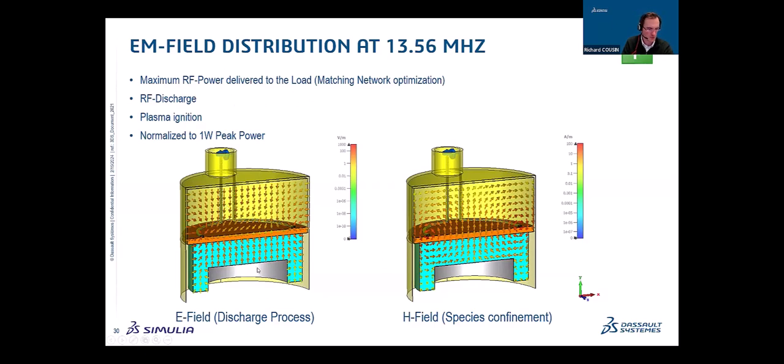The E-field distribution will be responsible for the discharge process, whereas the H-field distribution will be responsible for the species confinement. So in other words, we will create the plasma in this area, and the magnetic field will help in confining this plasma in the area where we are interested in the etching process afterwards.